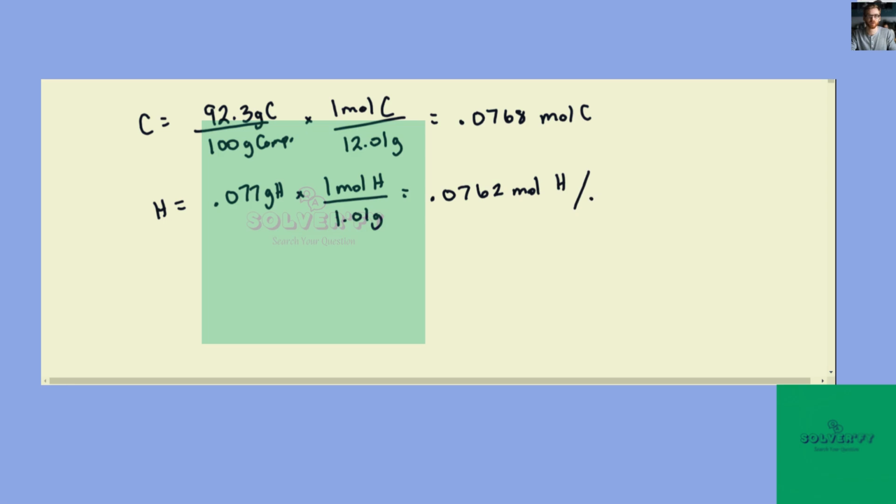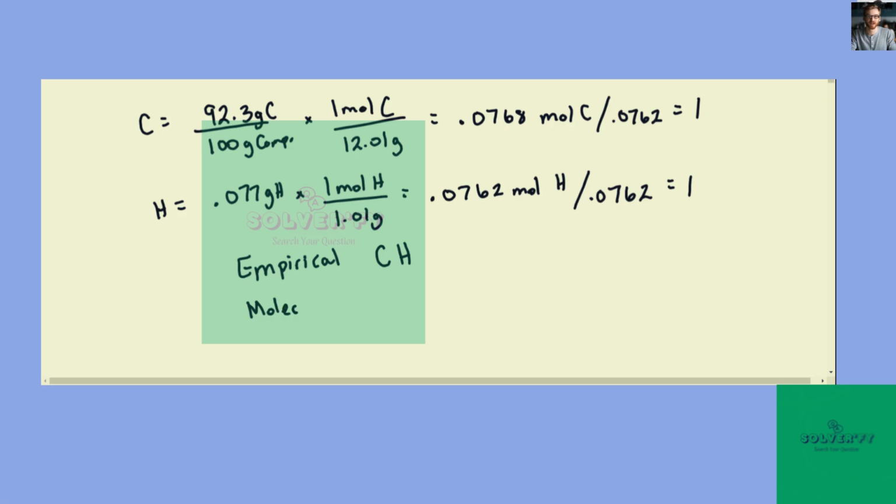So when we divide these, I'm going to divide by the smaller one, which is the hydrogen. This is going to give me 1. When I do this division, I'm really going to get a 1 here as well. That means that my empirical formula is going to be CH.